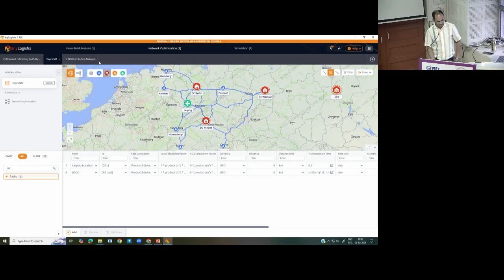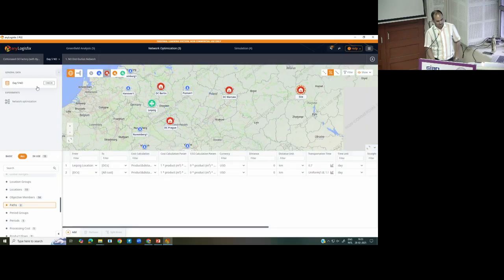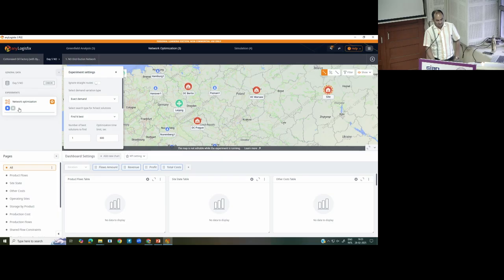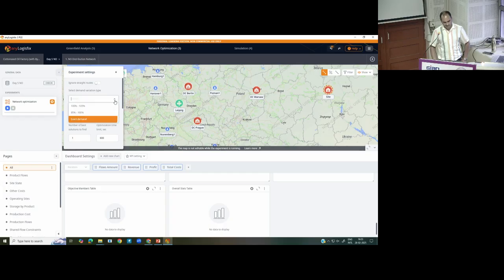Okay, so now we will add some dashboard. We are interested in product flows, then demand fulfillment and objective numbers. So now I want to create the dashboard. I am clicking here, network optimization. So look at here. Product flows and all those things are already there. Network optimization, first option, select demand variation type, exact demand, and you have got these two options.